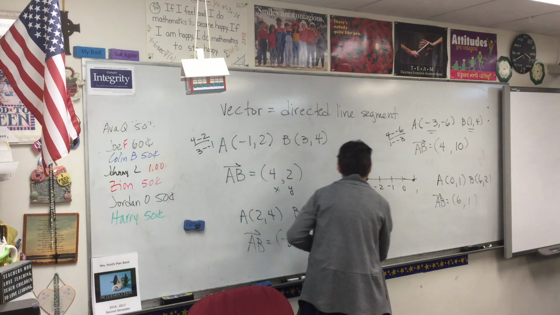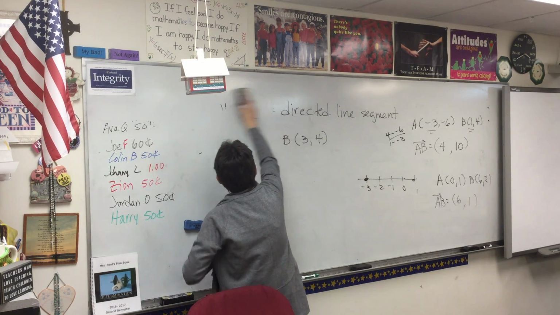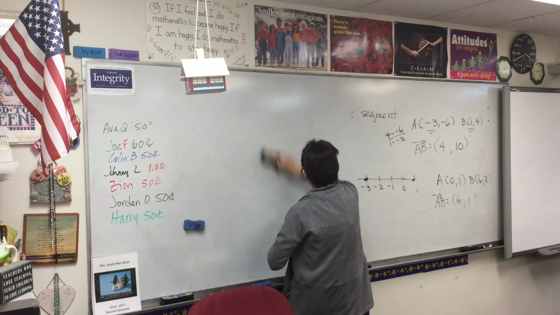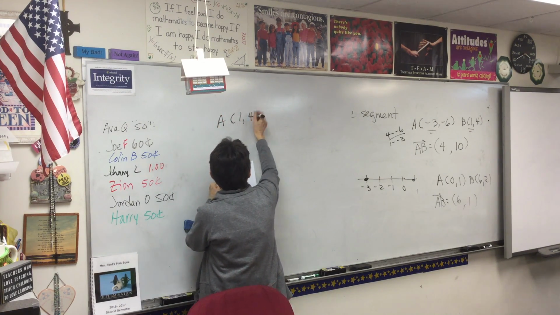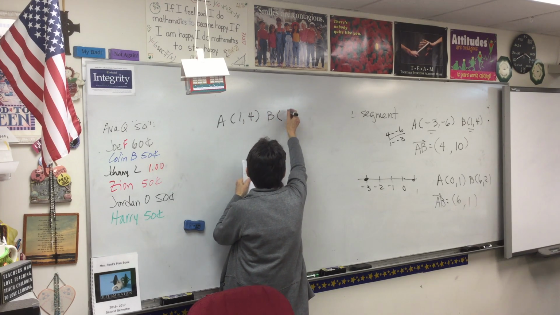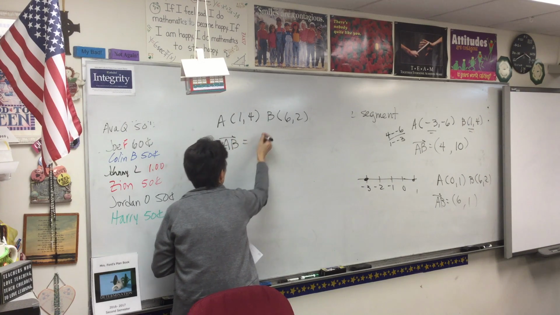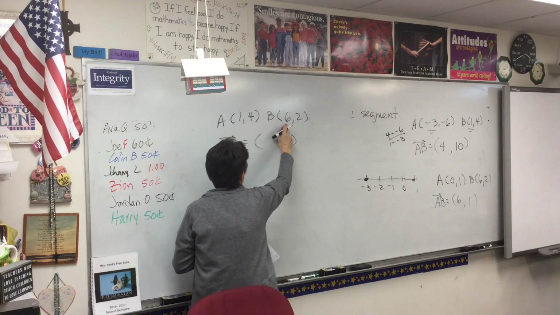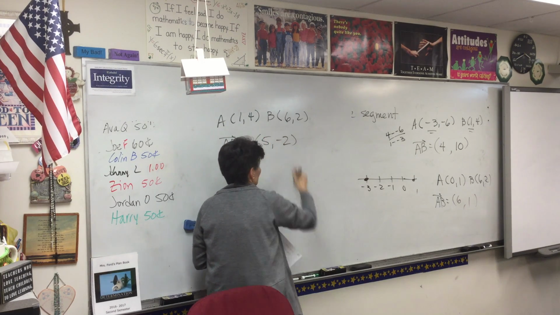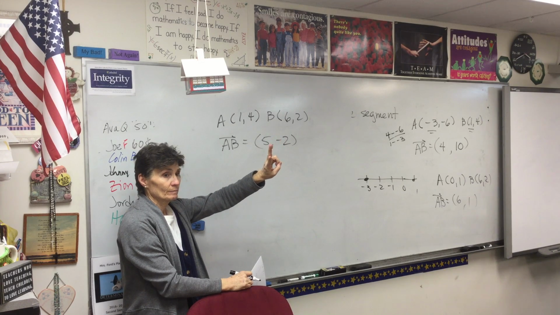Now, part 2 says, are these guys equal to each other? In order to answer the question, you're going to have to do exactly what we just did. Find the coordinates for AB. All right, so what are the coordinates for AB? 5, -2. Does everybody see positive 5, -2?